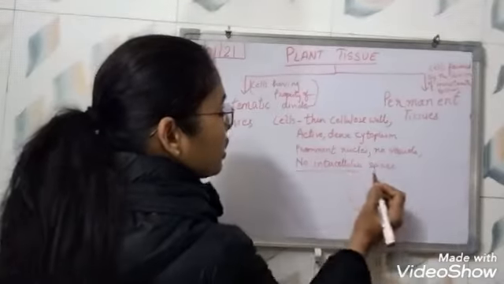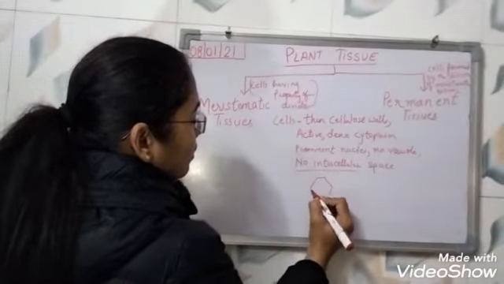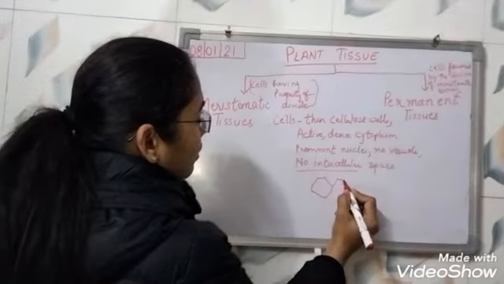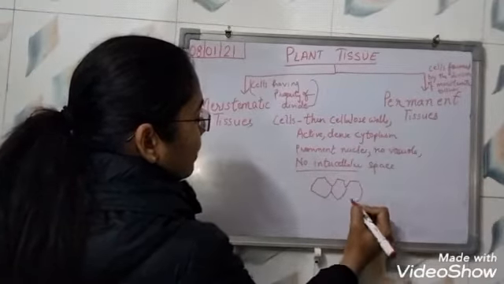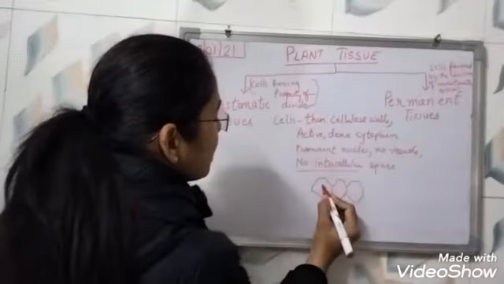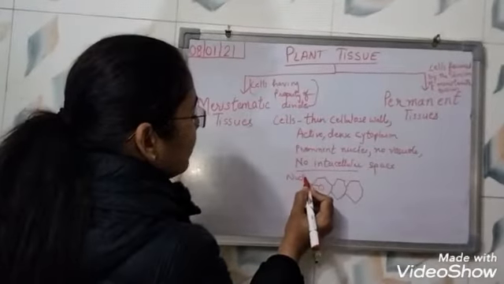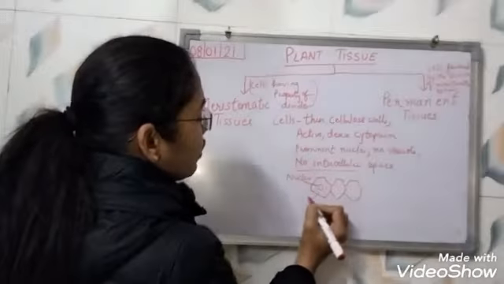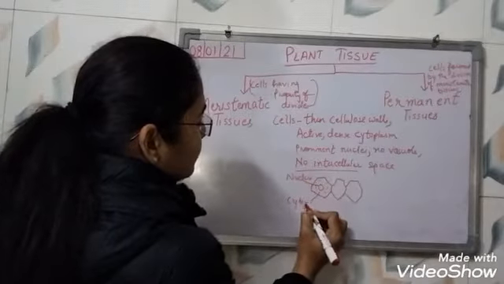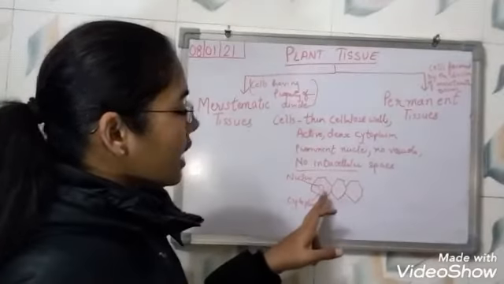This means what? No intercellular space means, if the cell, so there is a nucleus, as you all know, and this part is called cytoplasm, right? So you can see here how they are arranged.